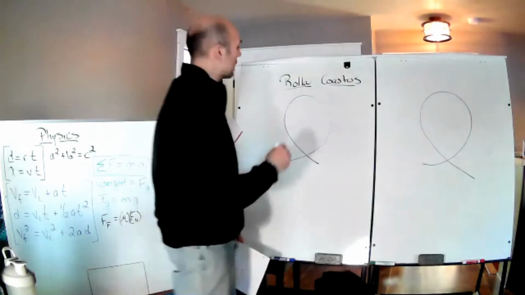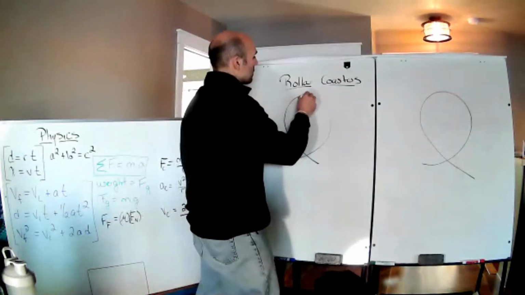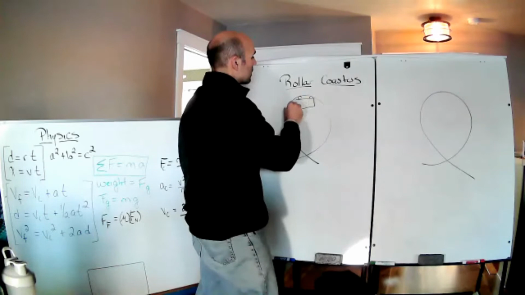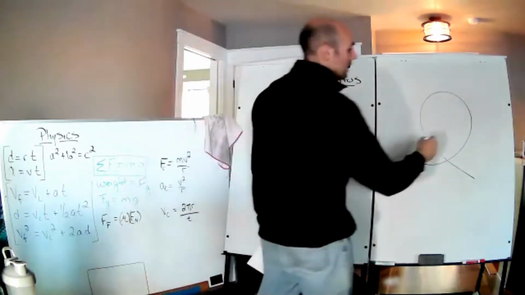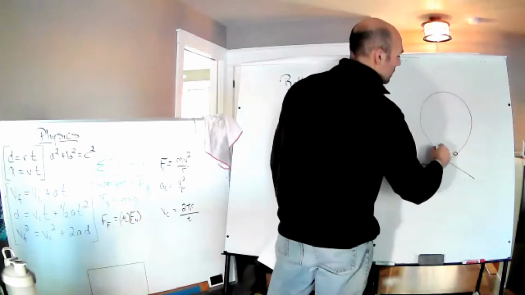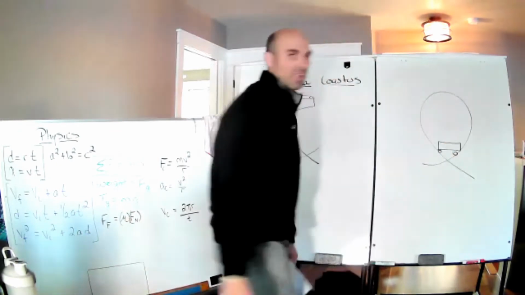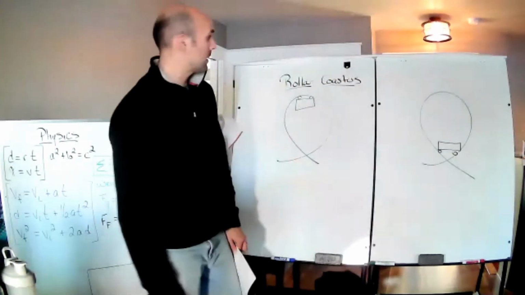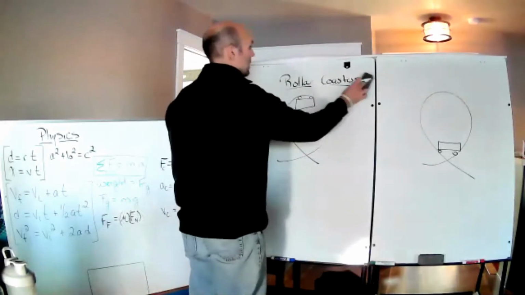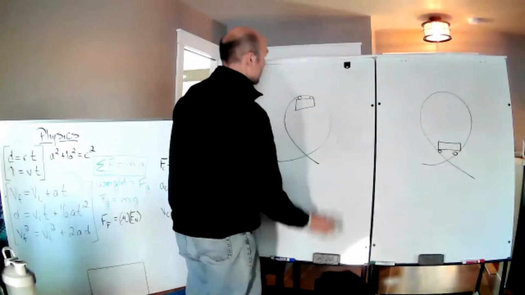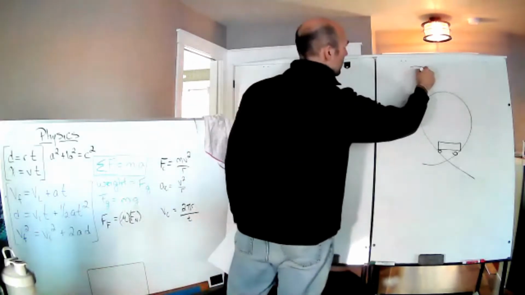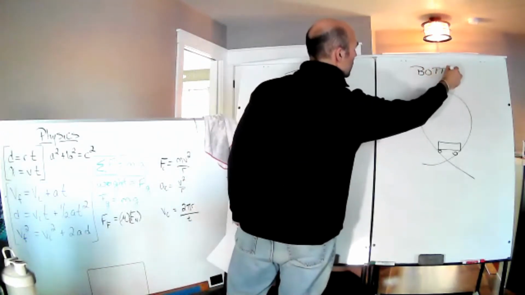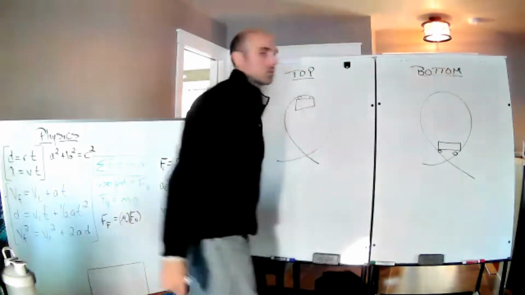The first part is when the car is at the top, and the second part is when the car is at the bottom, okay? So here we have the top of the loop and the bottom of the loop. All right?